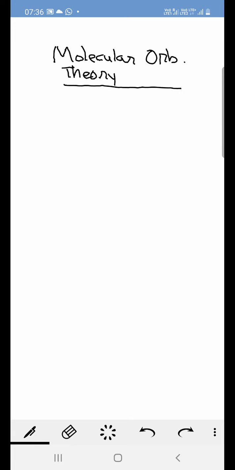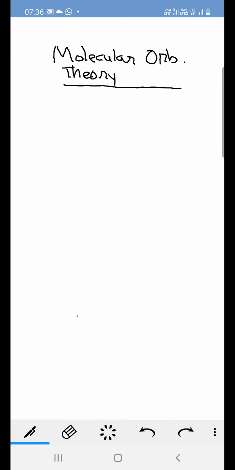Now the molecular orbital theory is a convenient pictorial representation of molecule formation suited to discuss electronic transition.